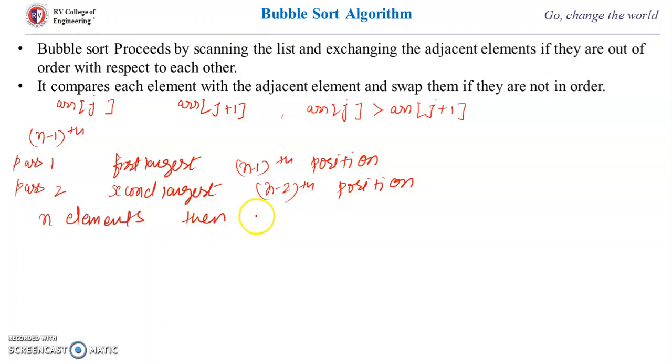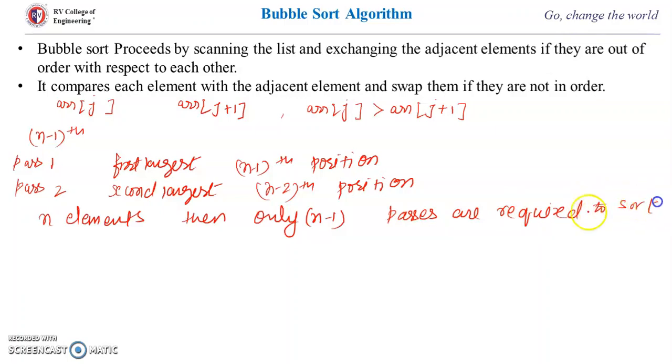So if there are n elements, then only n-1 passes are required to sort the array. Okay, so what happens in pass 1?